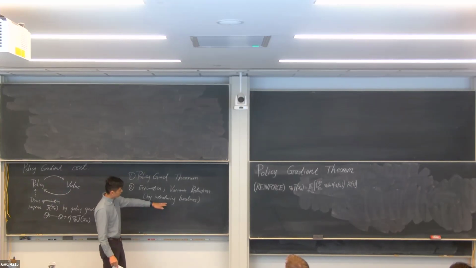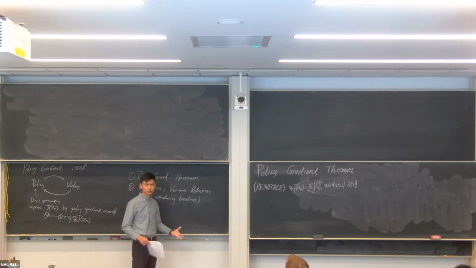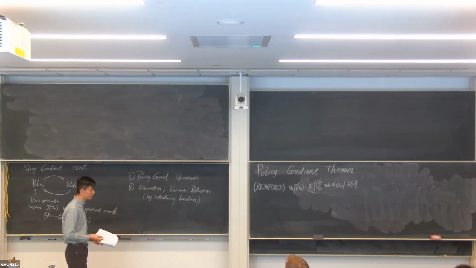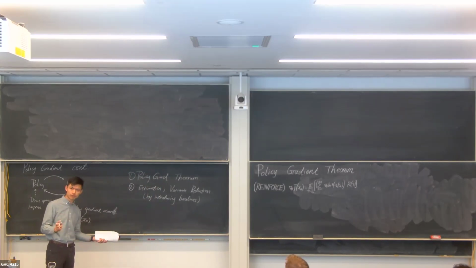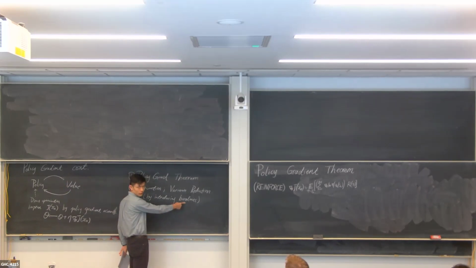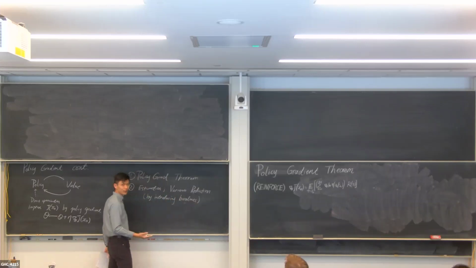The idea of variance reduction usually means you're subtracting some quantity from the basic estimator. It turns out the most common choice of what baseline means is the value function.